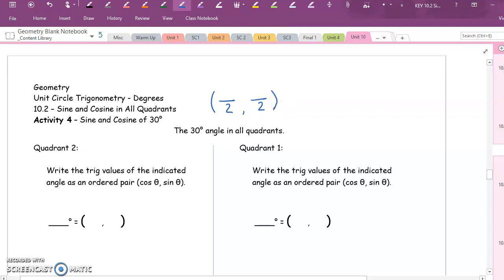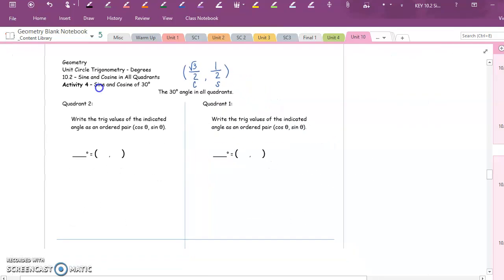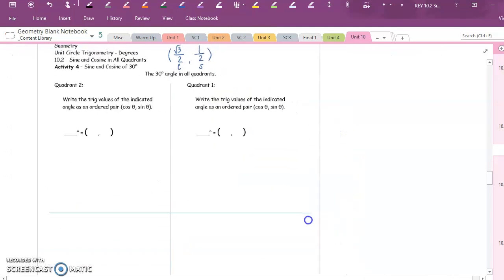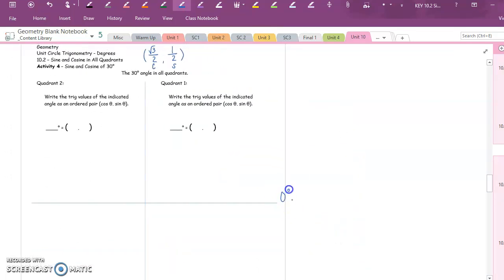For 30 degrees, we have 3 fingers on top, so we have square root 3 over 2, comma, and then we have 1 finger on the bottom, so we have 1 over 2. And of course, we know that it goes cosine, comma, sine. So for 30 degrees in all quadrants, we have 0 degrees right here, and we end at 360 degrees right there. And then we have 180 degrees on the other side.